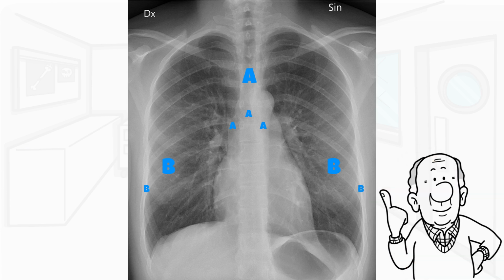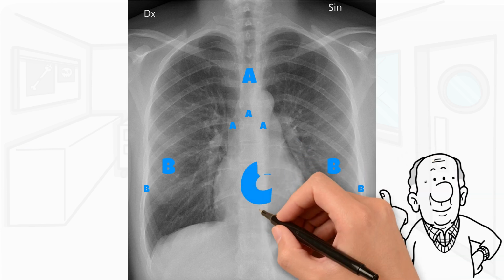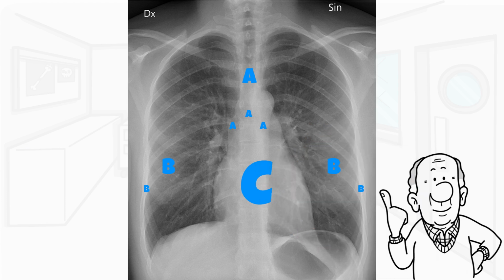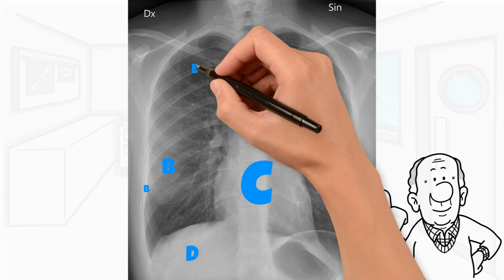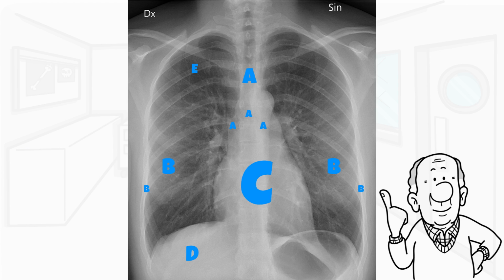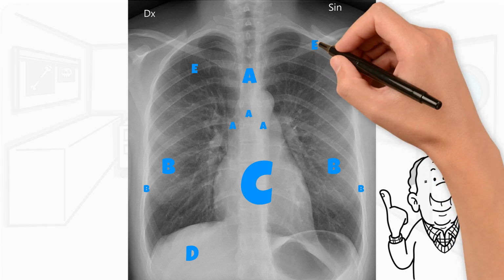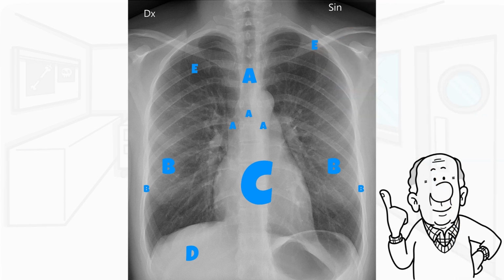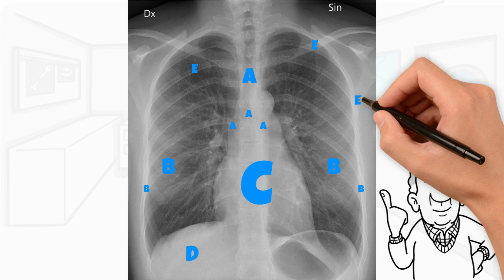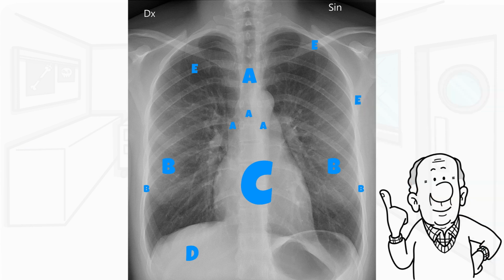C is for circulation, which signifies heart, its size, and its border, both right and left. D is for diaphragm, right and left sided. E is for everything else, which is ribs, the clavicle, the subcutaneous tissue, and the other bones like shoulder blades.